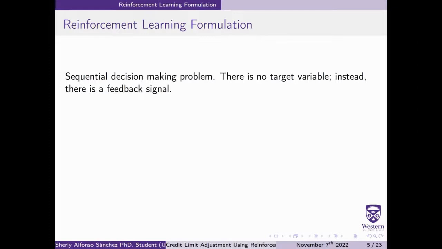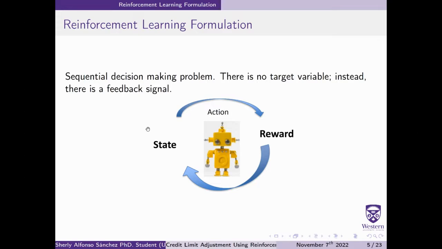Overall, a reinforcement learning formulation is a sequential decision-making problem in which in every step, an agent will perceive a state, and given this state, the agent will perform an action. This action will interact with the environment, and it will produce a feedback signal.